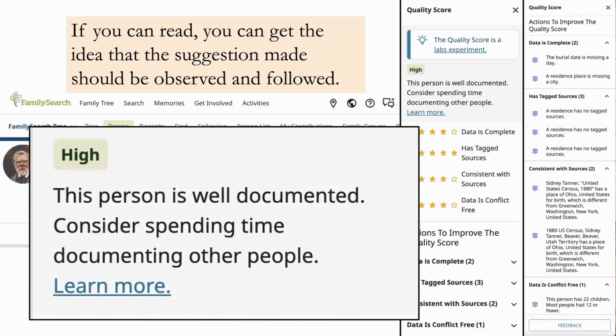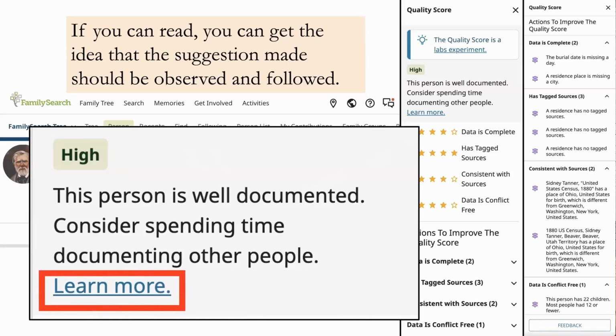So high means that this person is well documented. Consider spending time documenting other people. That's the suggestion from FamilySearch, and it kind of mirrors the suggestions that we've made over the years, meaning all of us who collaborate with each other and talk to each other about these particular problems.